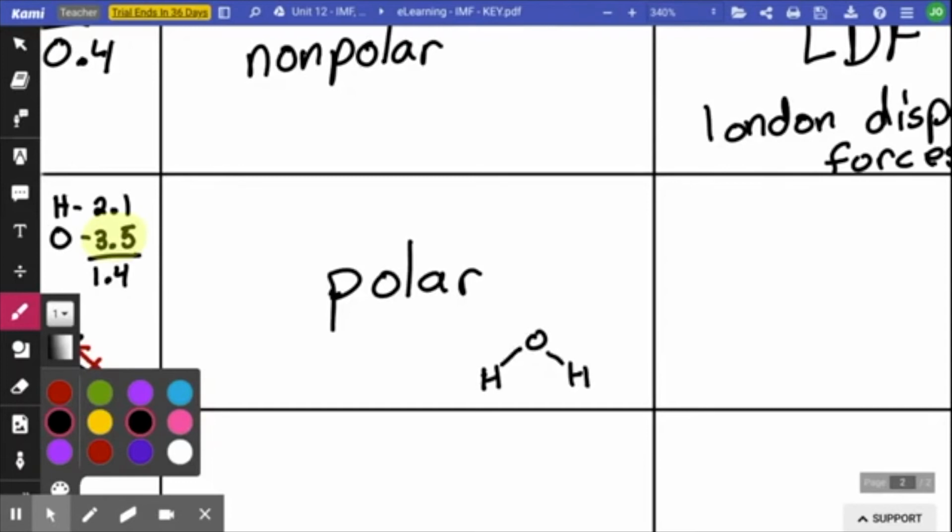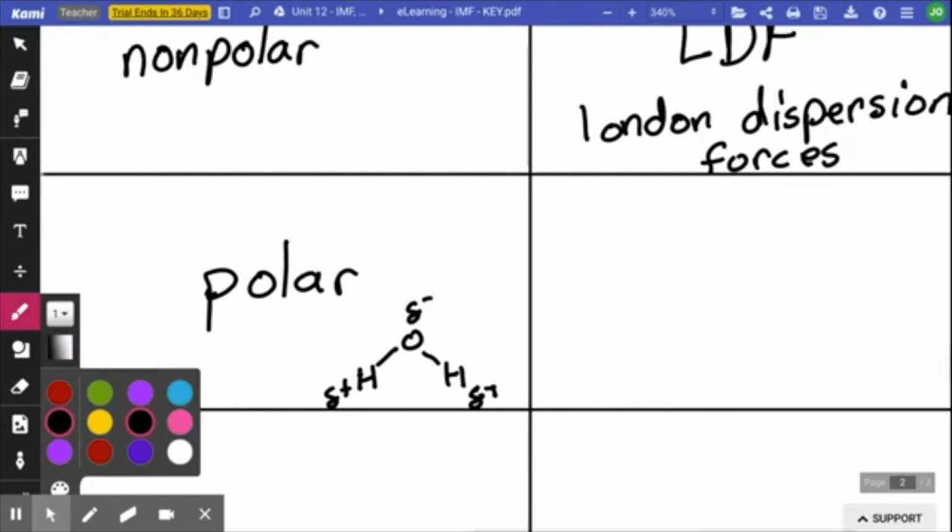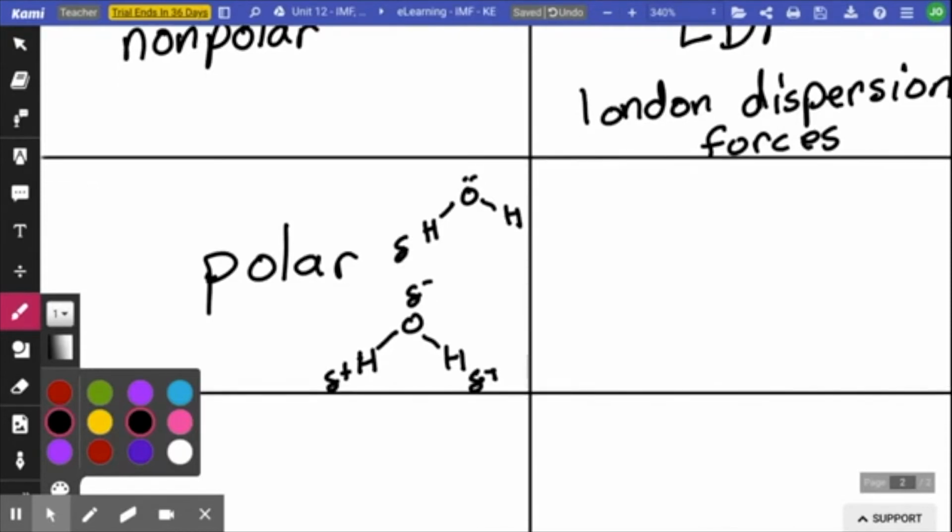So I've got hydrogen. Again, this is slightly negative and this is slightly positive. If I had another water molecule, would the hydrogen bond with the oxygen, or would the oxygen bond with the oxygen? Looking at this, your hydrogen is positive, so it's going to bond with that negative oxygen.